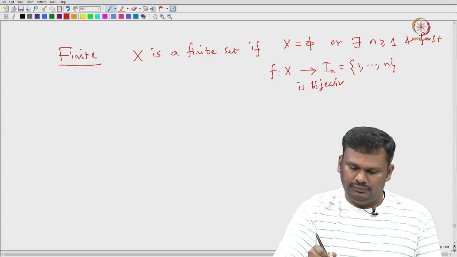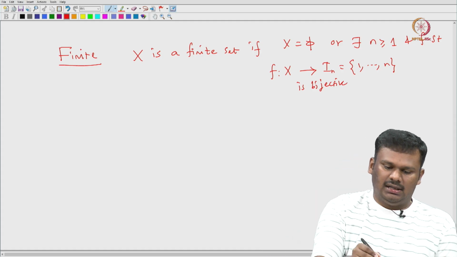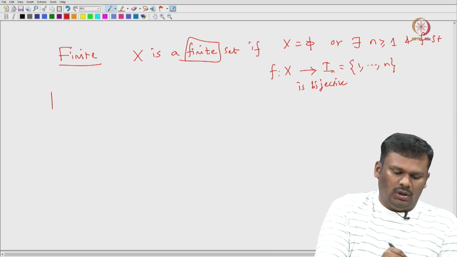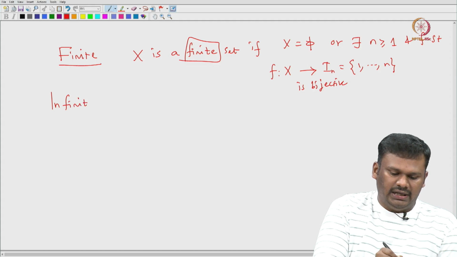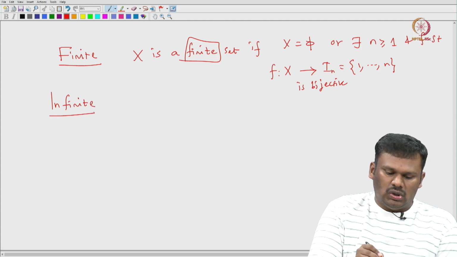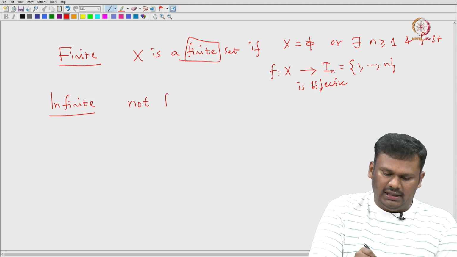In that case we say x is finite. And what is infinite? Infinite is just the negation of finite. x is called infinite if it is not finite.